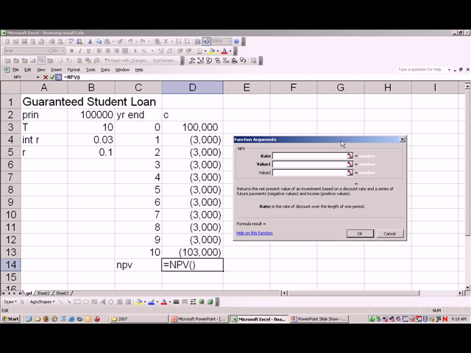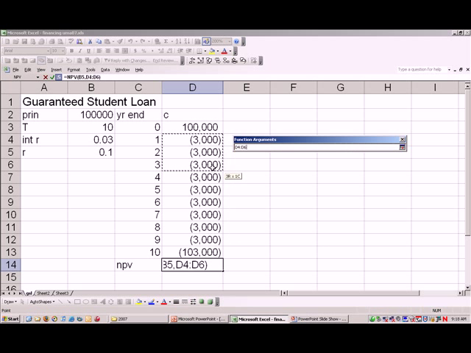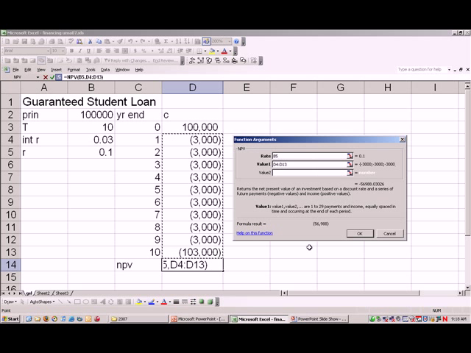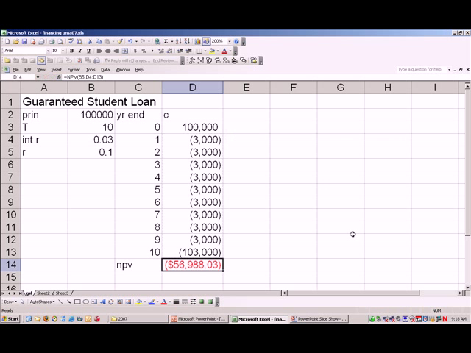The arguments are first the discount rate, and we're going to use 10%, which is the interest rate we would pay on our best loan alternative, which is a market rate loan of 10%. The values are the cash flows in years 1 through 10. Then we say OK, and we've calculated a present value.